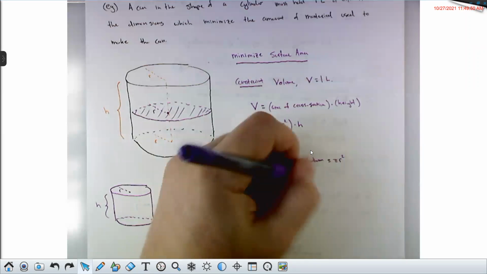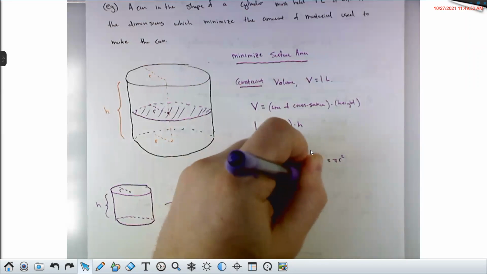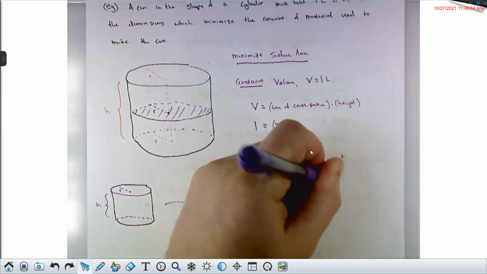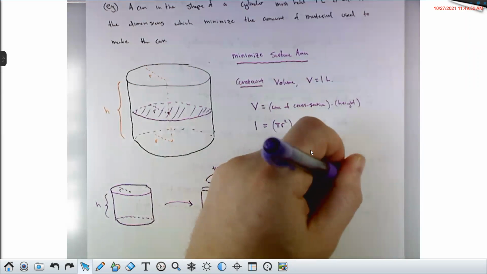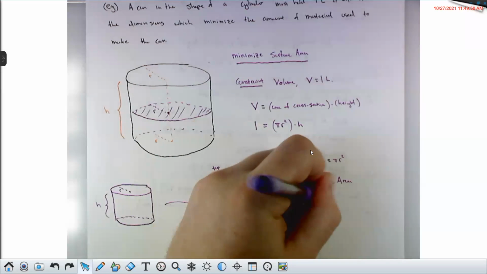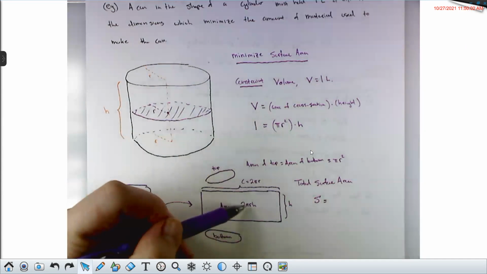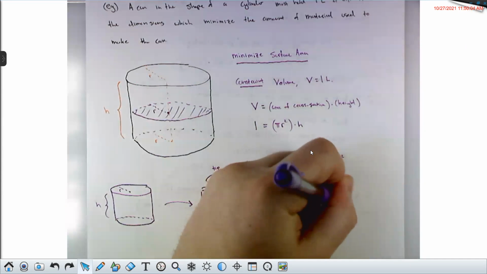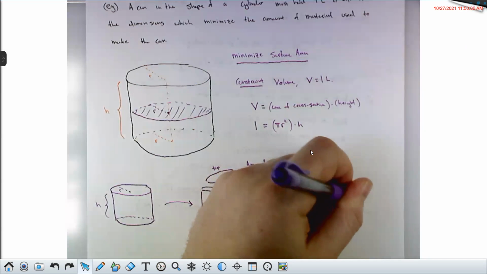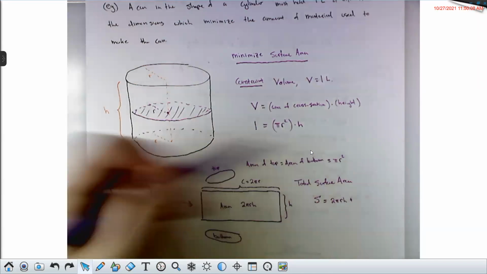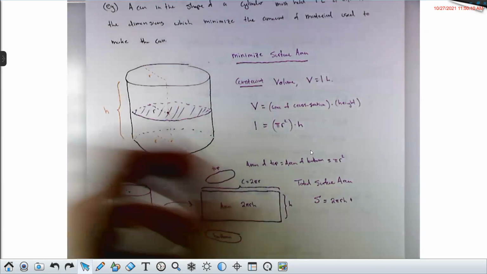So the total surface area of my cylinder, I'll call it S, is 2 pi r h plus pi r squared from the top plus pi r squared from the bottom.